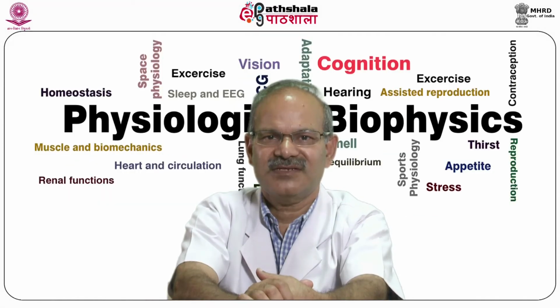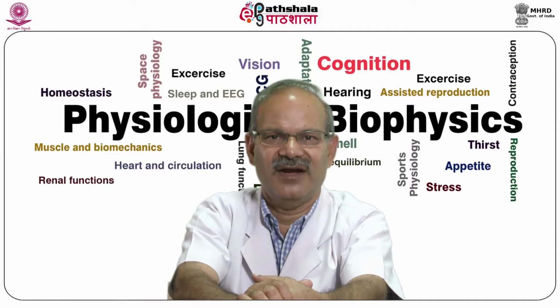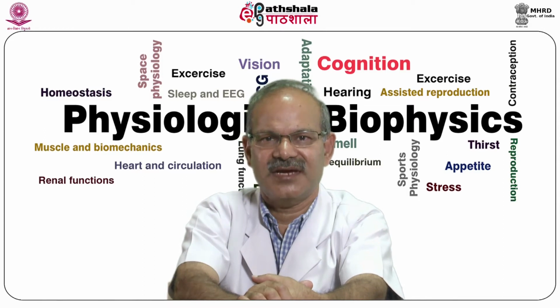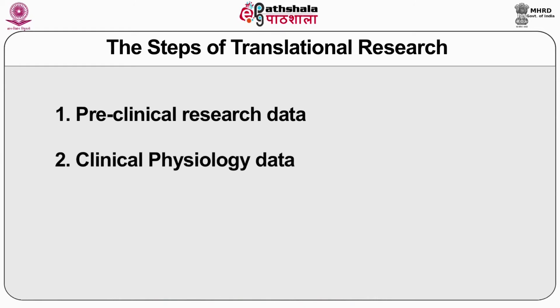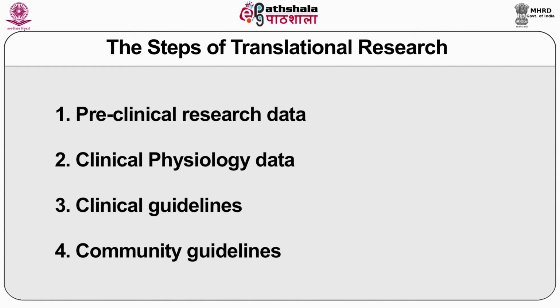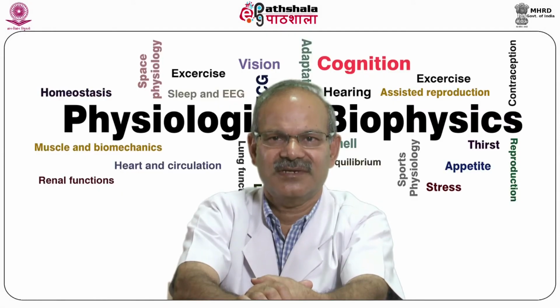The steps of translational research are well defined, and the goal is to take the research to the society. The steps are preclinical research data, clinical physiology data, clinical guidelines and community guidelines, and this will help us with our social responsibility.